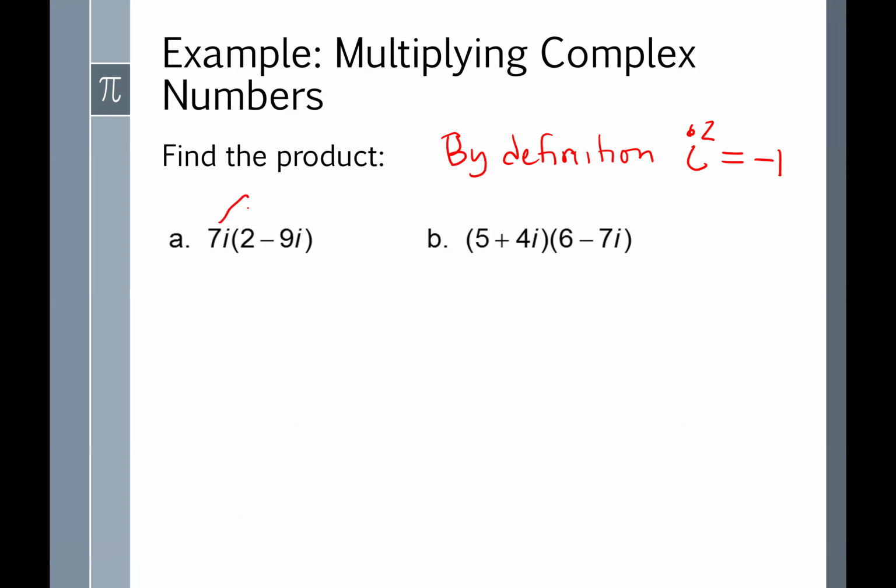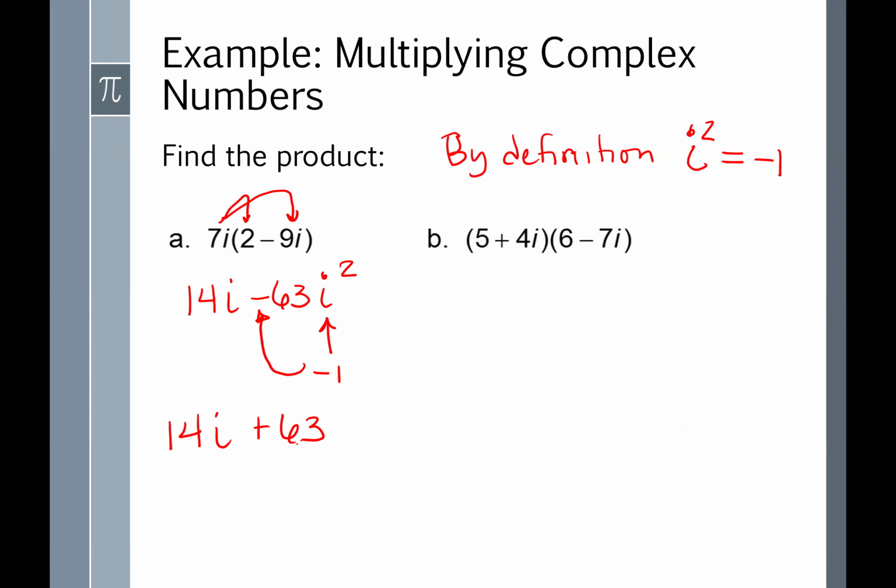So if I use the distributive law, what do I get? 7i times 2, is that 14i? And then I have 7i times minus 9, is that minus 63i squared? i times i would be i squared, but that's what? That's -1. So what does that do? It changes the sign of that to a positive. So that's 14i plus 63.